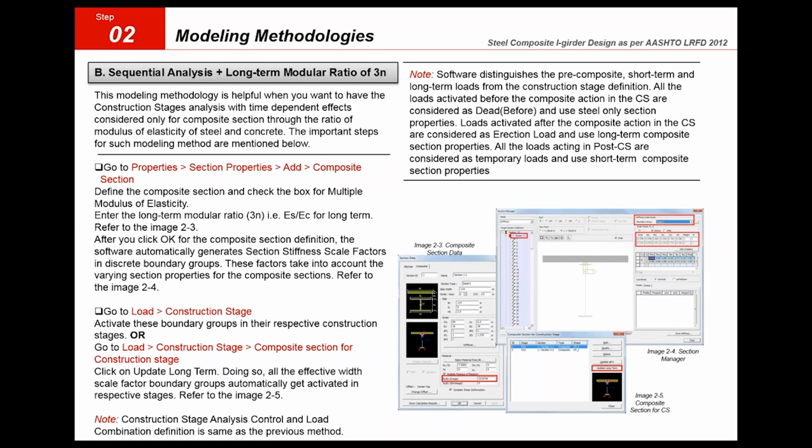This methodology can handle any type of complexity or simplicity without any issue, and it will be the easiest for you to define as well. For this one, the program will be defining sequences, stage 1, 2, 3, 4, 5, or so on. And then the program will be using the long-term modular ratio of 3n in order to reflect the time dependency of the concrete.